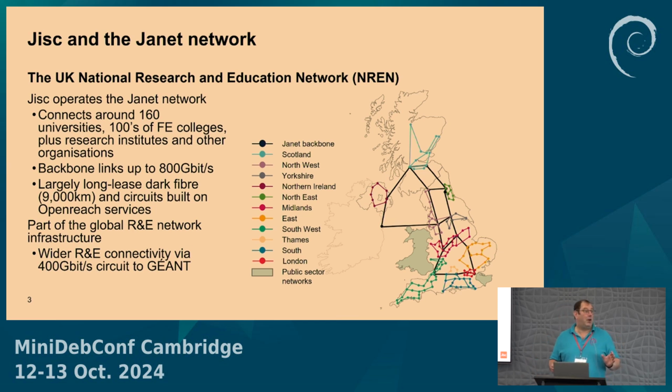And they're largely run over dark fibre, so we run an optical network over which we run connections, so we can potentially run additional things over the same dark fibres. And we're connected to educational networks worldwide via GÉANT.